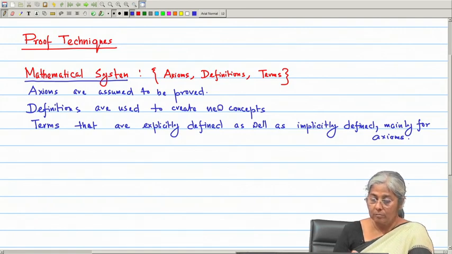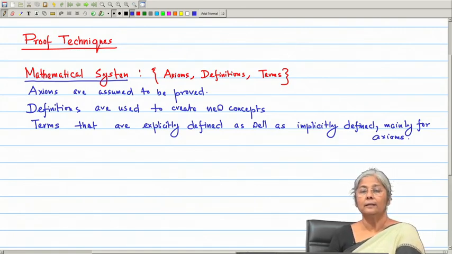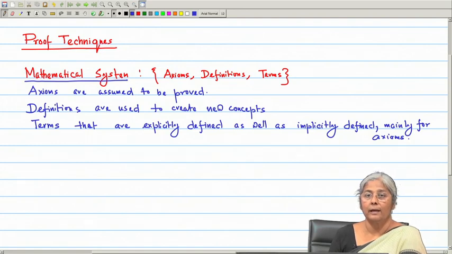Now, we can think the theorems can be treated as a proposition which has already been proved, or we have to prove that proposition.